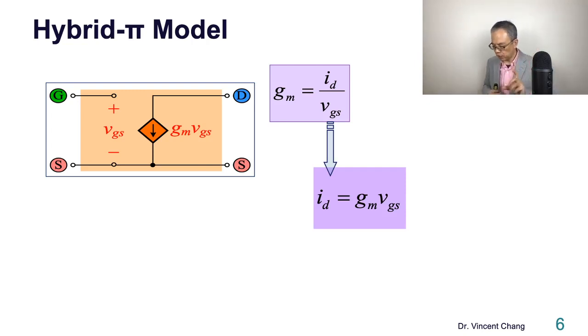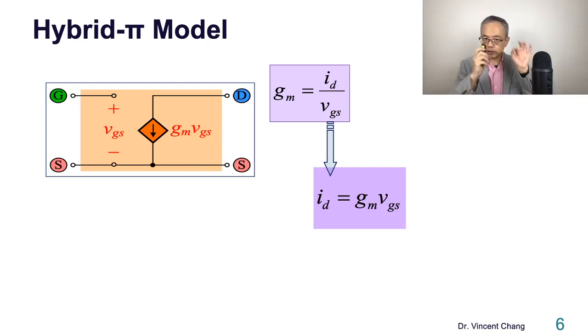It's the input voltage controlling the output current. So it's a dependent source. We use a circle to represent an independent source, and we use a diamond shape to represent a dependent source. So, a voltage controlled current source.